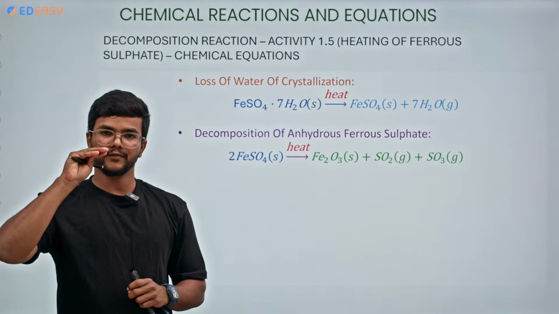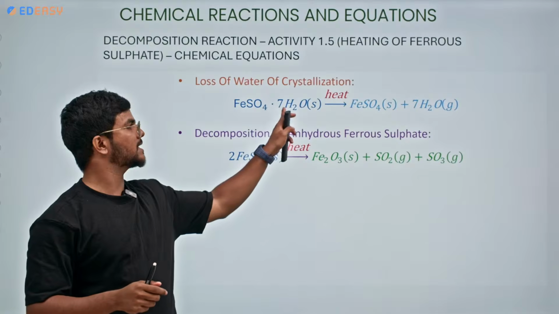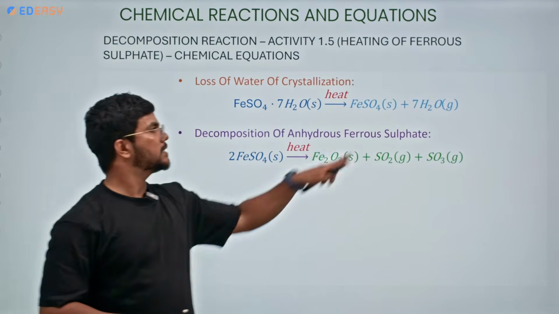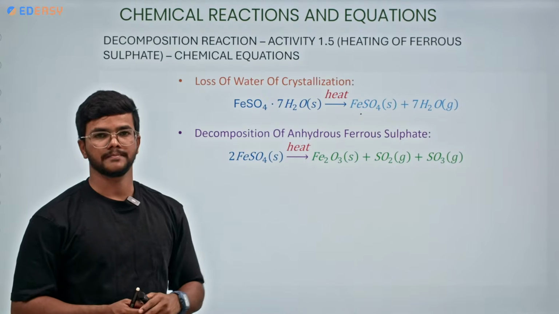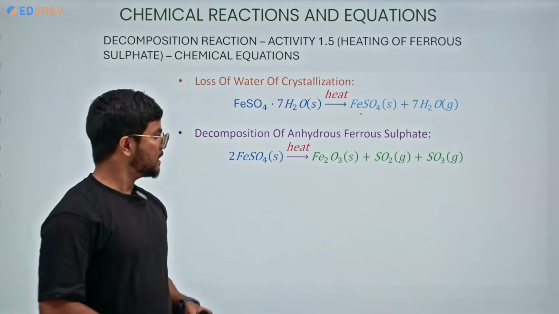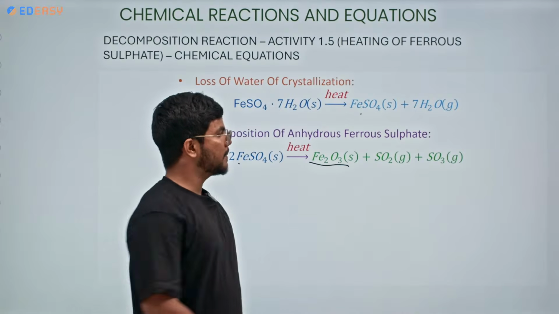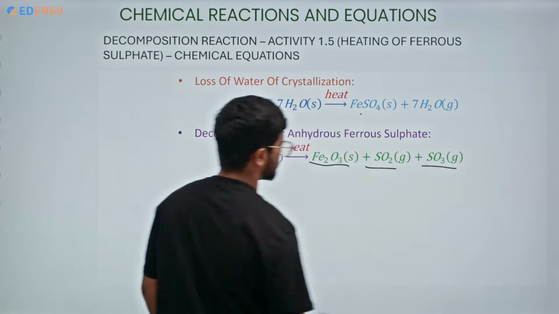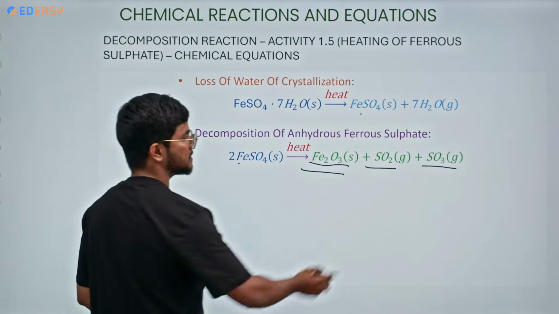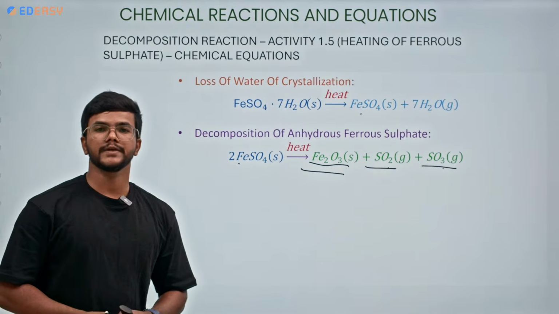Steam comes out of it, and that steam is called water of crystallization. After removing the 7 aqua molecules, it will be FeSO4. Now we heat the FeSO4 strongly. On heating, FeSO4 gives Fe2O3, SO2 and SO3. Fe2O3 is ferric oxide, and these are sulfur dioxide and sulfur trioxide. These are the observations you can find.